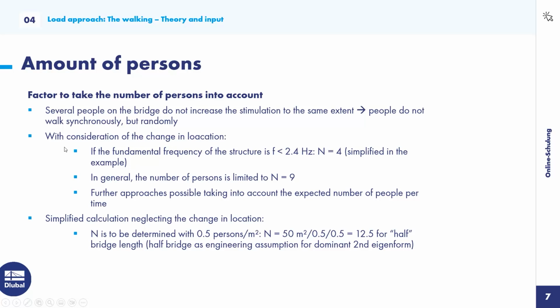For this today, we will consider the change in location. Like we have a change in the loading location. And therefore, if our fundamental frequency would be below 2.4 Hertz, we could go for n is 4. We will also go with this approach, simplified. Generally, the number of persons is limited to 9 persons.